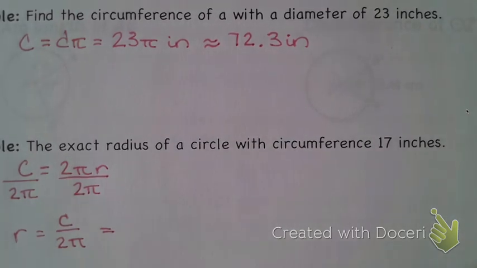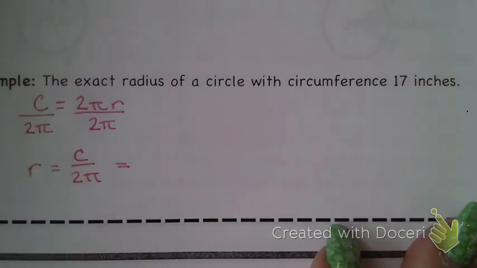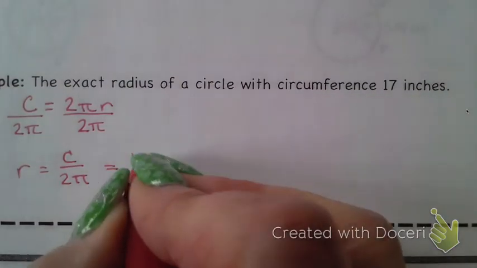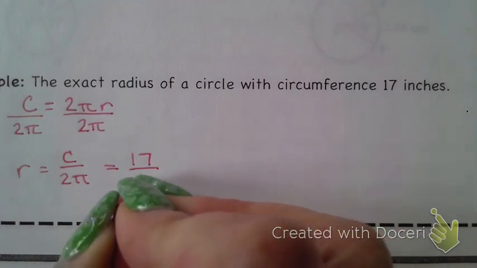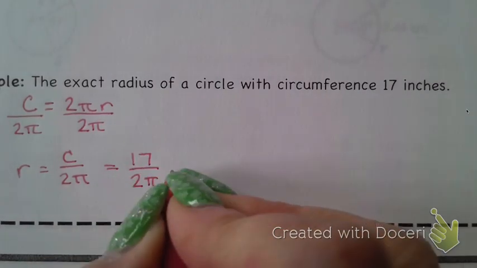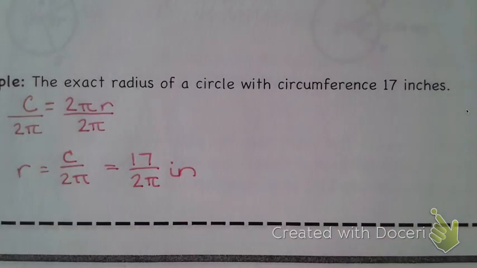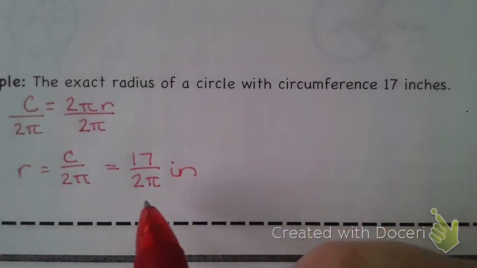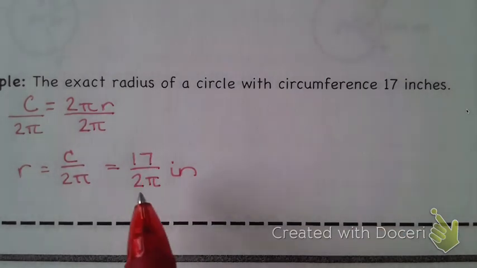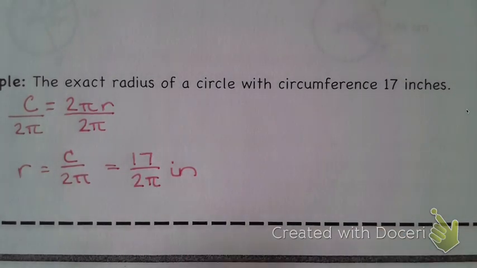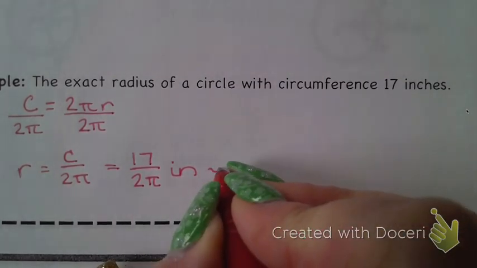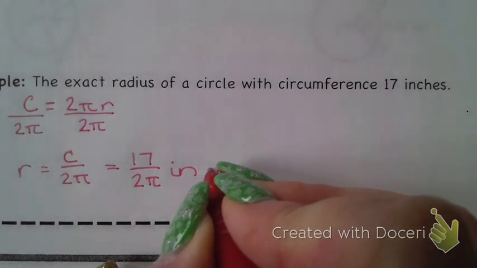And what's the circumference? 17 over 2 pi. And I would reduce if I could, right? But can I reduce 17 and 2? No. So I have 17 divided by 2 pi. Now, this is where it comes in tricky because you have to put it in the calculator the correct way.